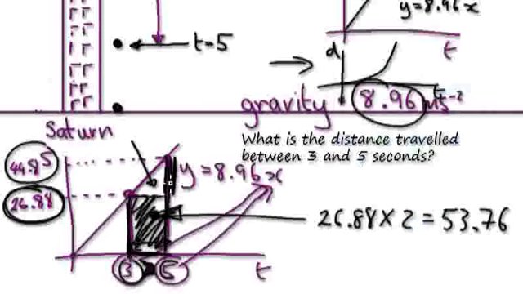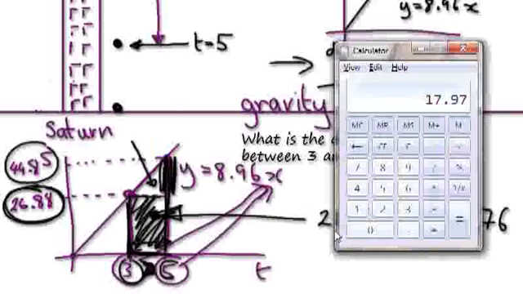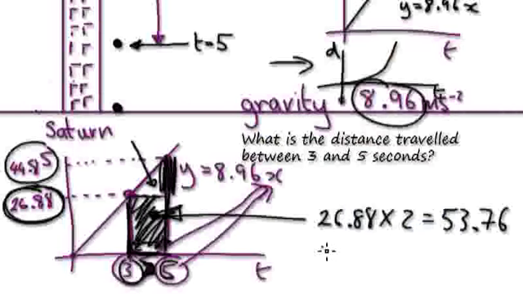So the height here is 17.97. And then we're going to times it by 2 because that's the width here, and then we're going to divide it by 2 because, well, it's half.